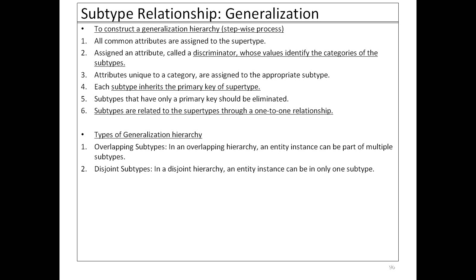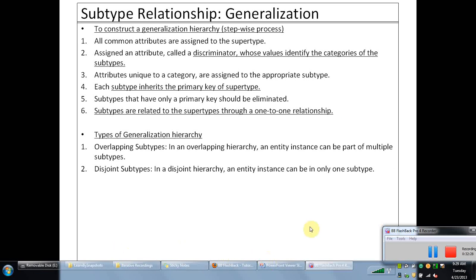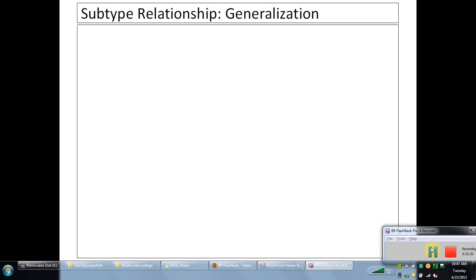Types of generalization hierarchy: overlapping subtypes and disjoint subtypes. In an overlapping hierarchy, an entity instance can be part of multiple subtypes, while in a disjoint hierarchy, an entity instance can occur only in one subtype.